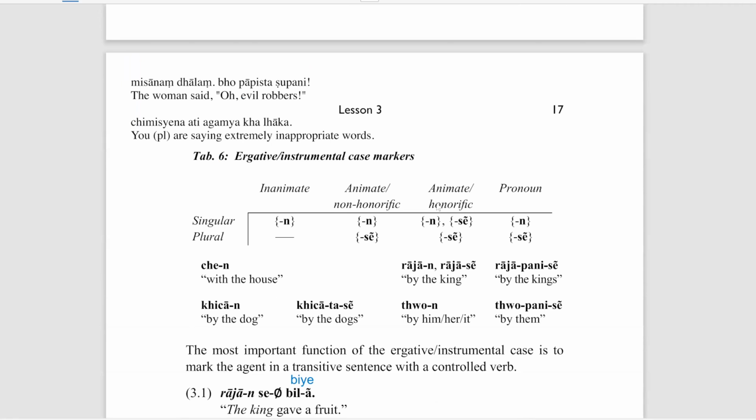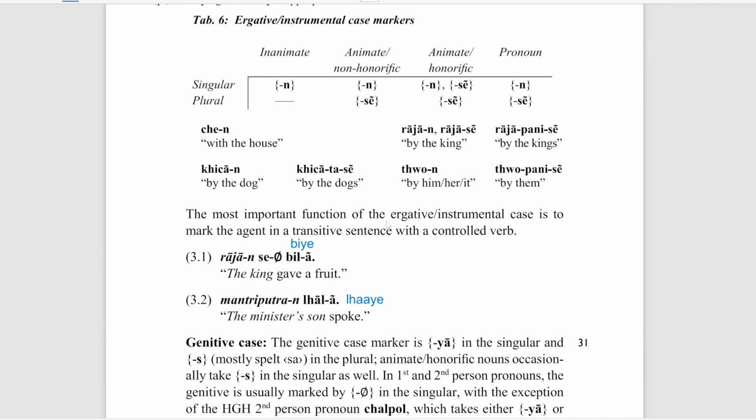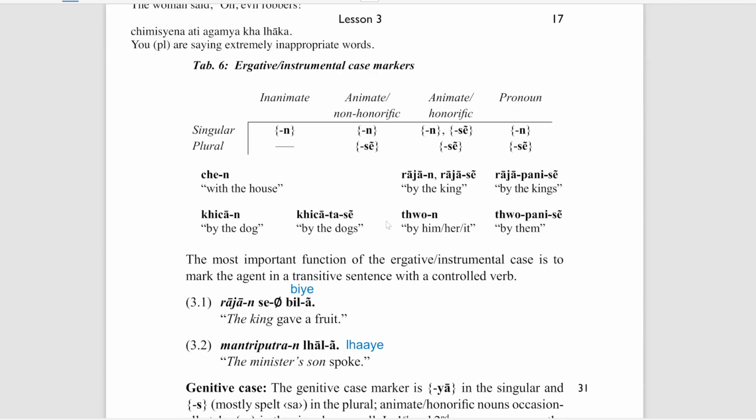The problem would be that this normally cannot be an ergative marker. It would be like sin, or we need a nasal thing. So the sa can be genitive or locative, right? Yes.